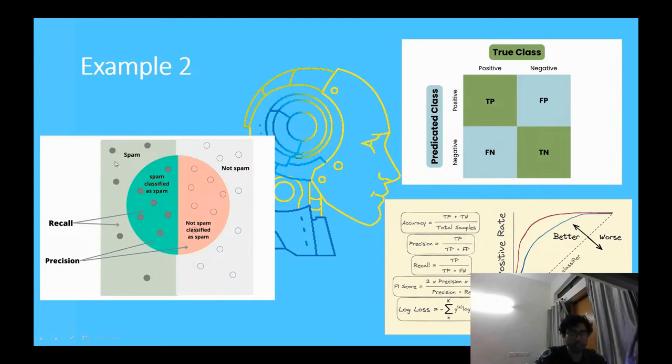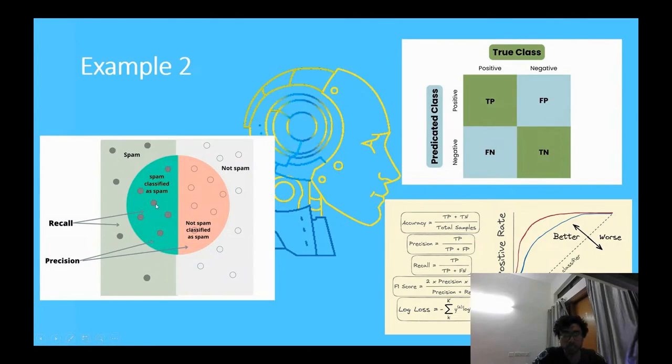Whereas in this region, these are spam, but not classified as spam. So they are called false negatives. Wait a minute, am I mistaking something?